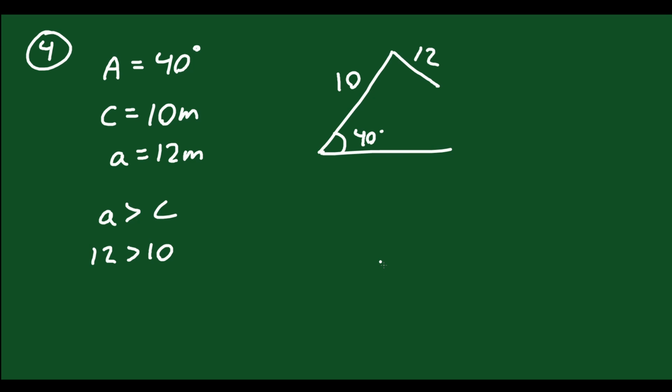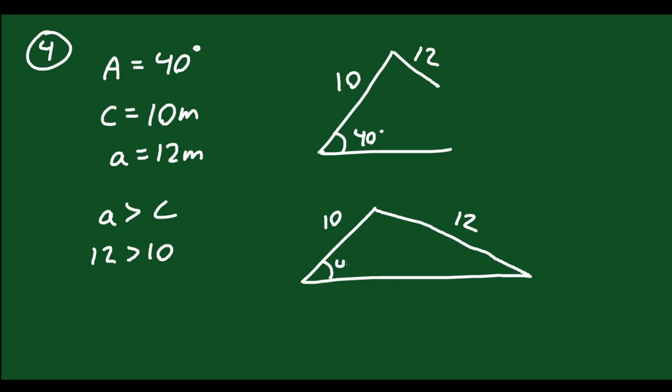Therefore, we have that one triangle, right? The big triangle. That looks something like this, because this side is longer than this side. So this is the only way this is possible. Now, how do we figure out everything else? Well, we can do a sine law to start figuring out some of these angles, like this one over here.